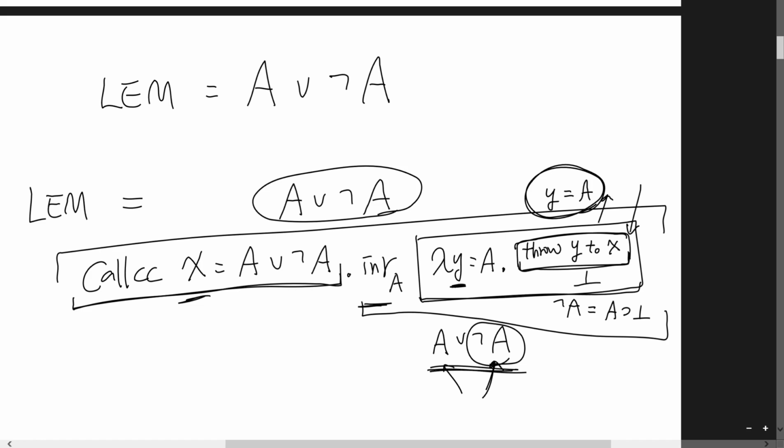Originally, when we are at this stage, we decided to take the right branch. We decided to find a value of type negation A. So we proceed. But later, we find ourselves looking at a value of type A. So we realize that we made the wrong decision here. So we go back in time with this value y of type A.